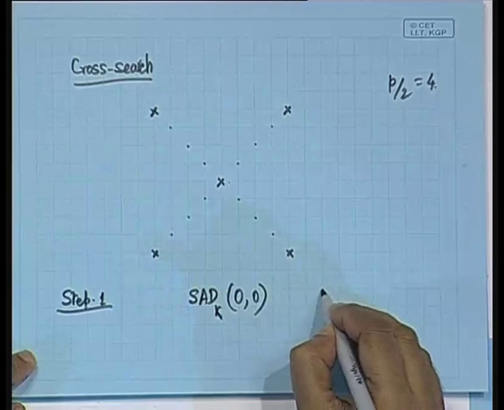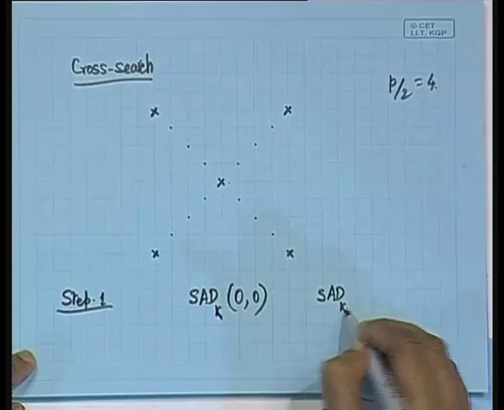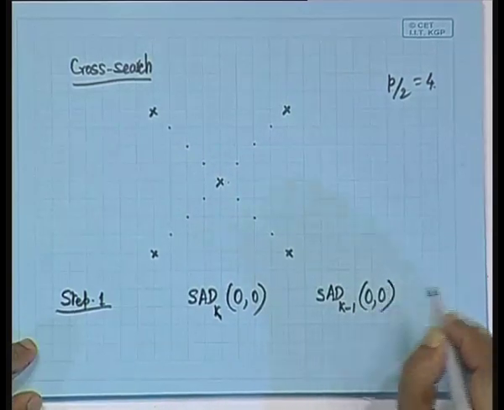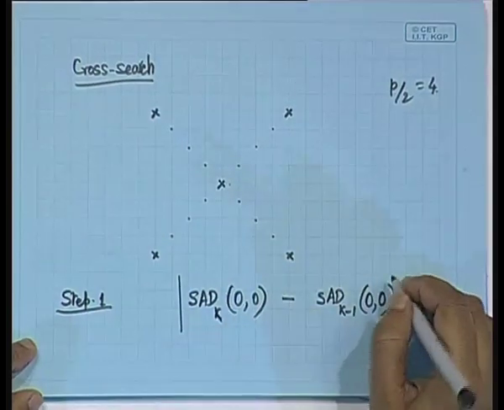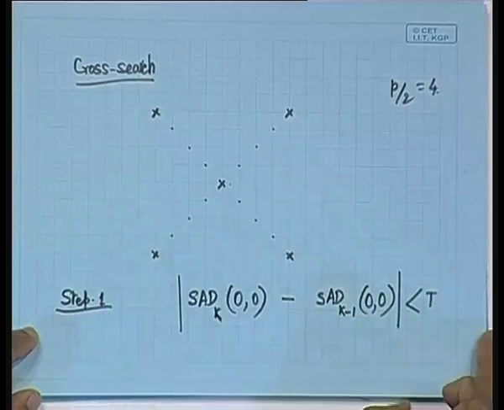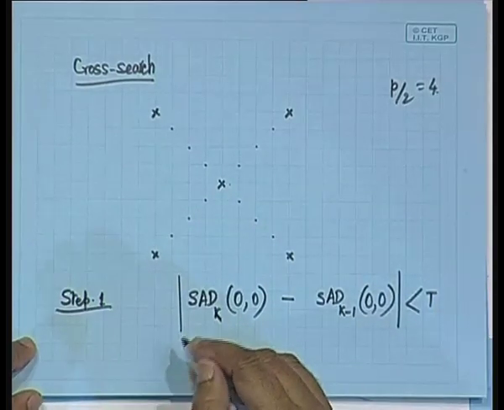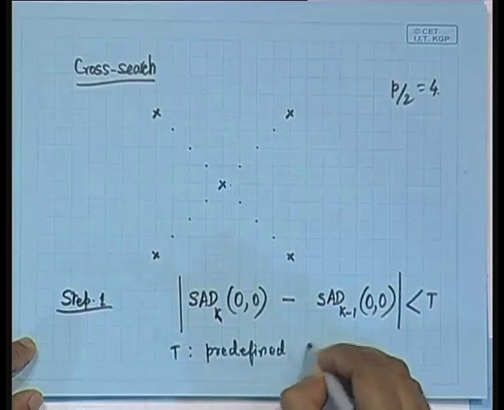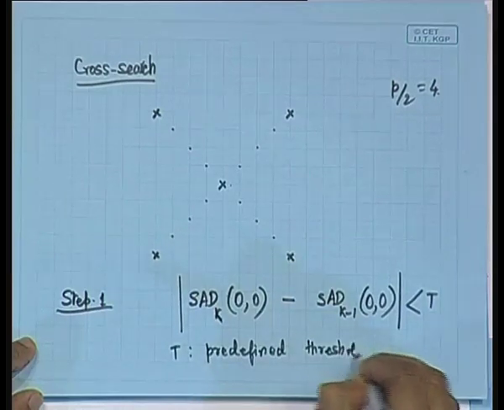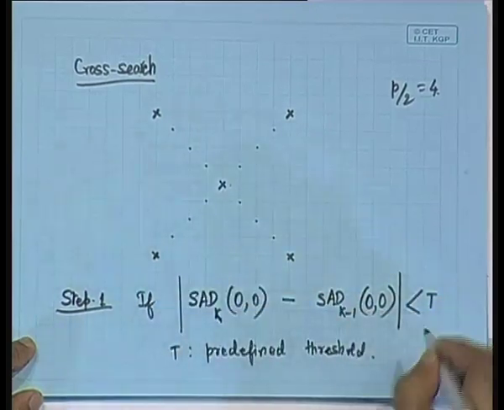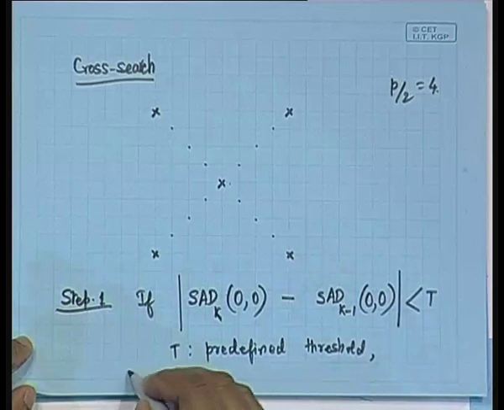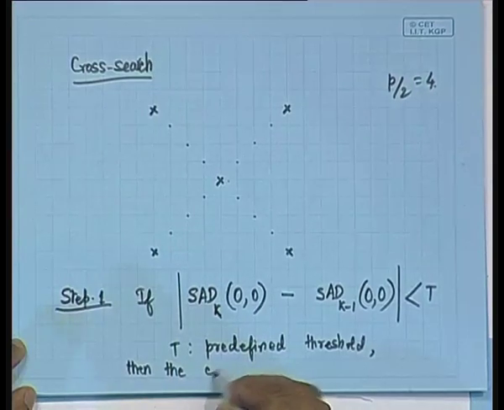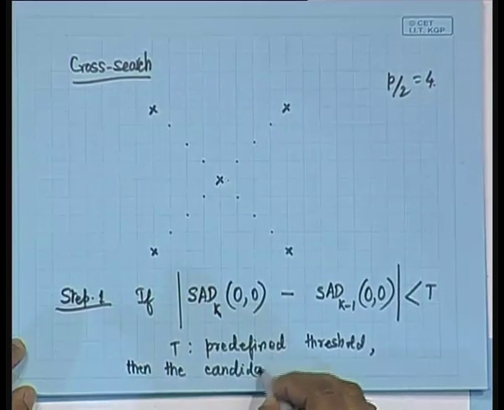And then we also find the sum of absolute difference value by taking k minus 1 as the candidate at the same 0 0 position, and if the difference in magnitude of these two values happens to be less than a threshold, T, a predefined threshold, then the block is non-moving, the candidate block is a stationary block.